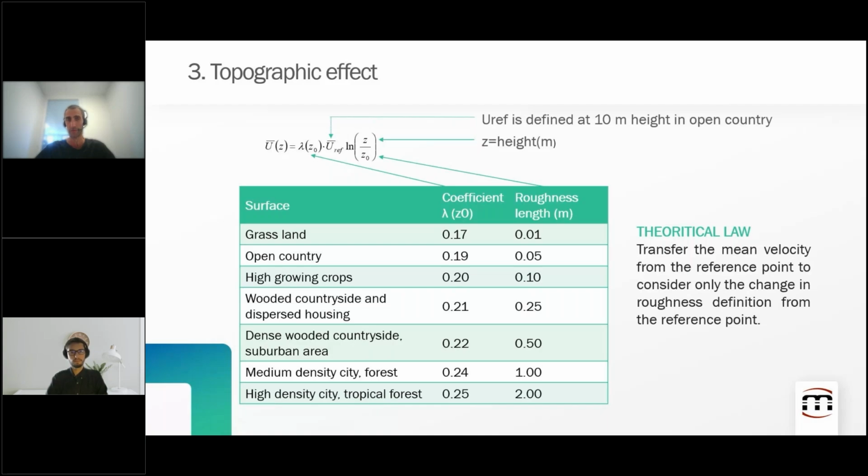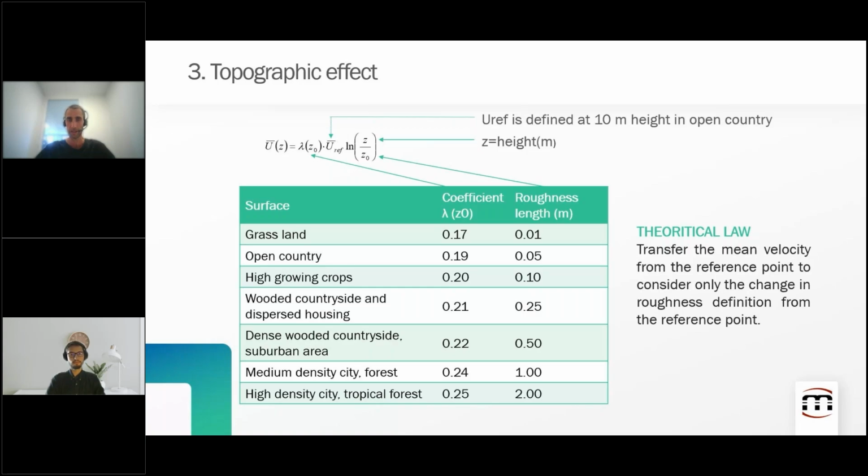So we can transfer, for example, from this 10 meter reference to 50 meters, to 100 meters, to 25 meters. You just have to apply this law. This works when you want to change from open country 10 meters high to another land occupation, and when it's flat.